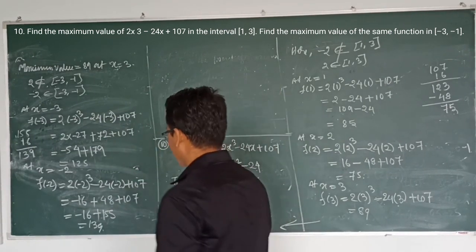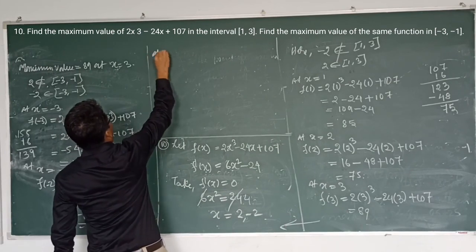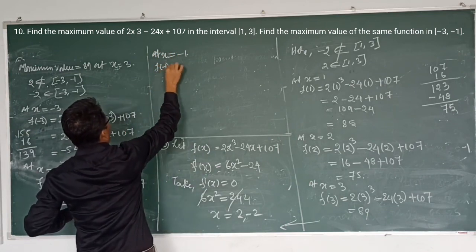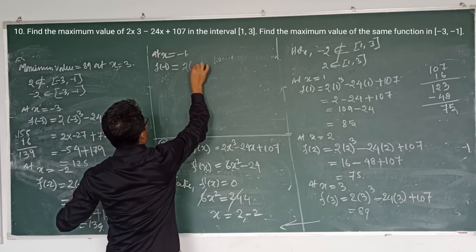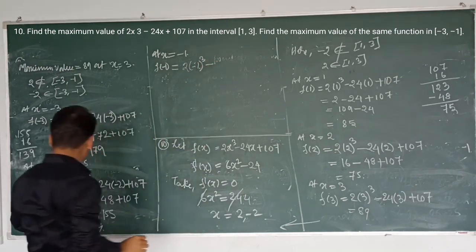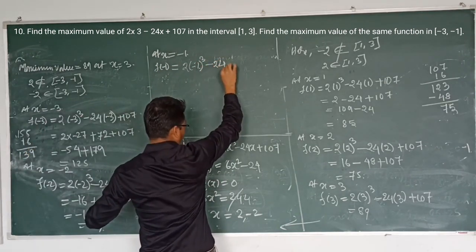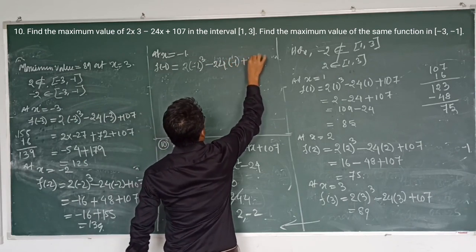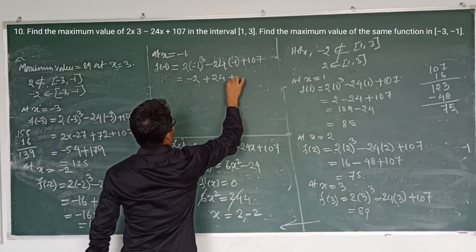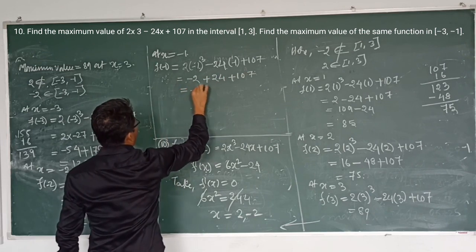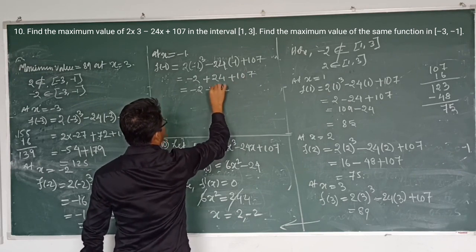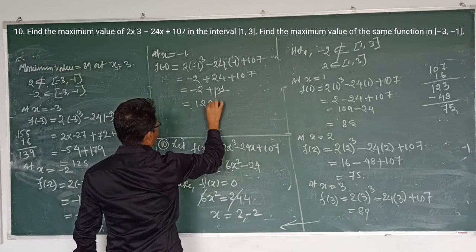So let's see the minus 1, at x equal to minus 1, what will we get? f of minus 1, which is equal to 2 times minus 1 cube minus 24 times minus 1 plus 107, so which is equal to minus 2, then plus 24 plus 107, so minus 2 plus 7 plus 4, it's 11, 2 plus 0, 3, then it's 129.